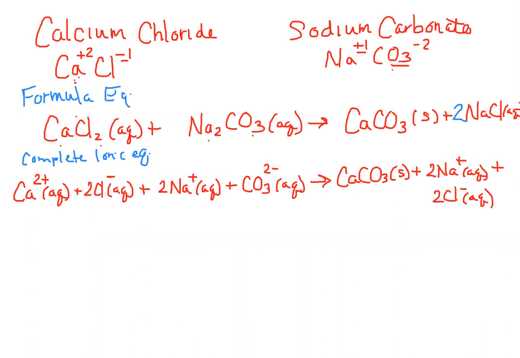Now we're going to start getting rid of the spectator ions, the things that don't bring anything to the table, that are just sitting around watching. Okay, we don't need these, and we don't need these.